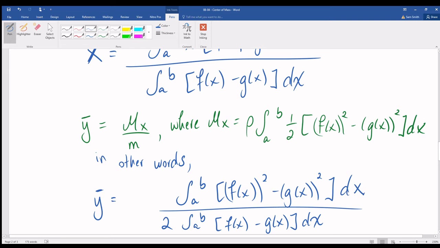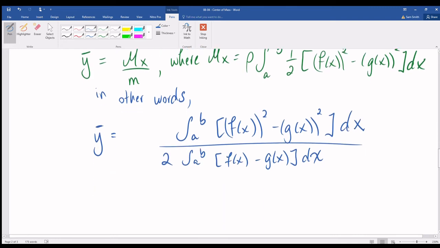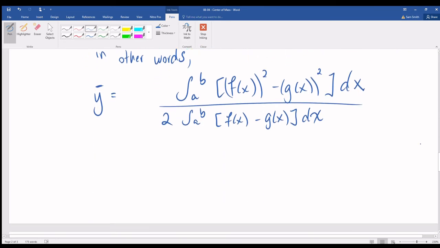And the way that I remember this is that x bar had an extra copy of x in its numerator. We had x times f of x and x times g of x in its numerator. Whereas y bar has an extra copy of the outputs in its numerator.